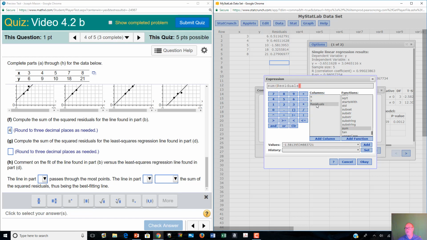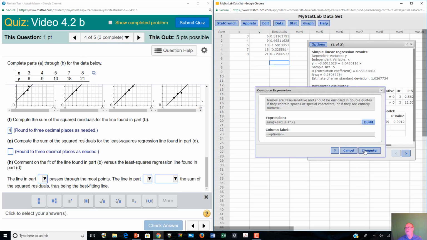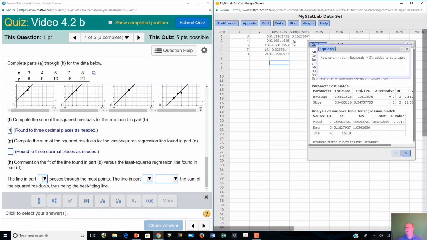So I double click residuals, and I want to square it, so I hit the caret for squaring and 2. Now this should give me the sum of the residuals squared. Click OK, and then click compute. And right here is the sum of the squares of my residuals, which in this case is 3.163.